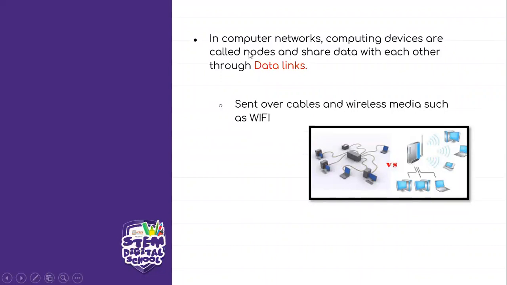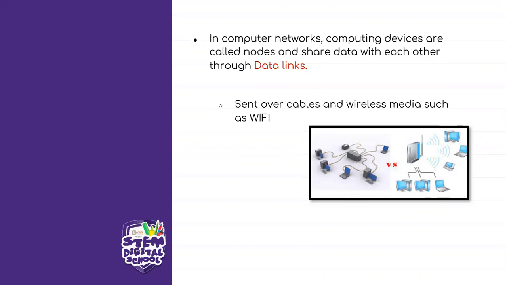Computing devices in computer networks are called nodes. They share data with each other through data links. What do we call data links?